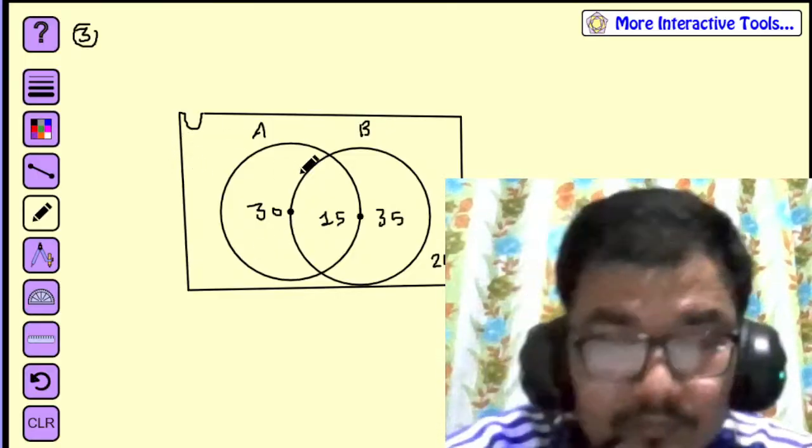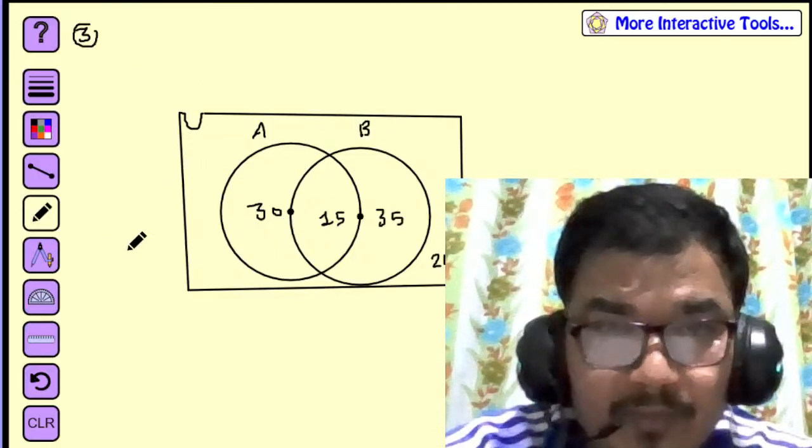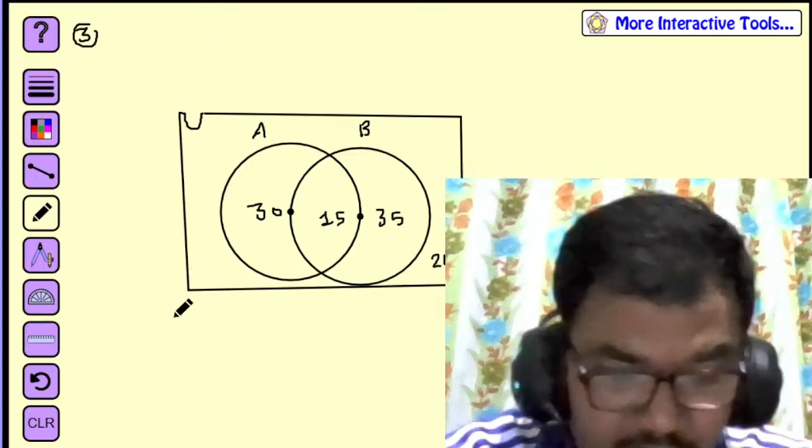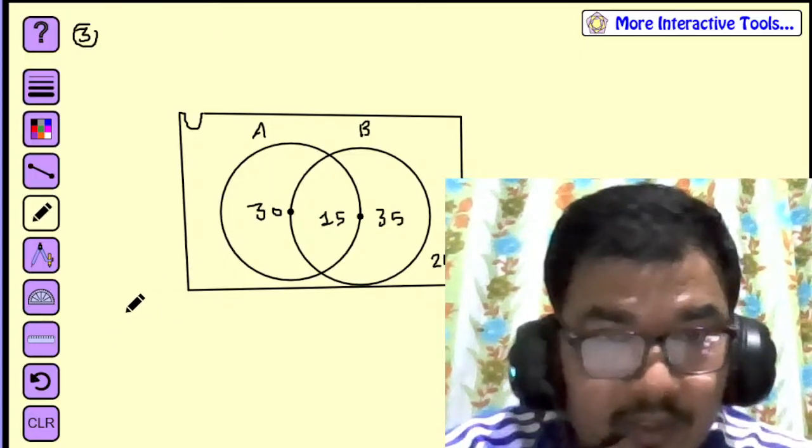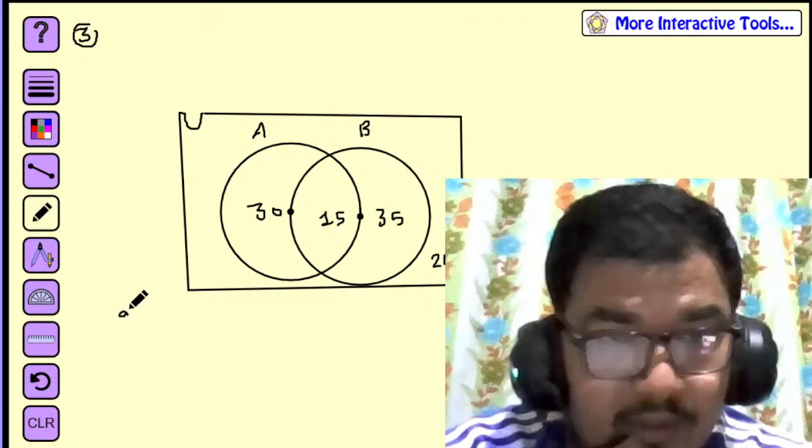From this Venn diagram, if it is asked to find, okay, n(A), write the formula first.